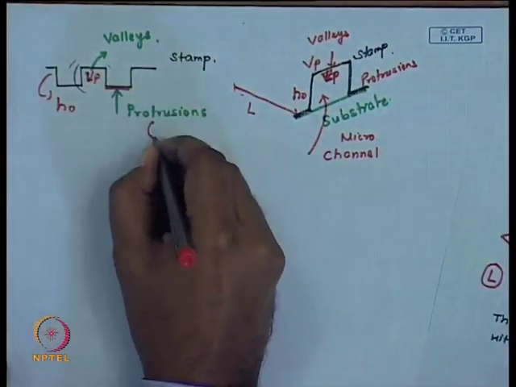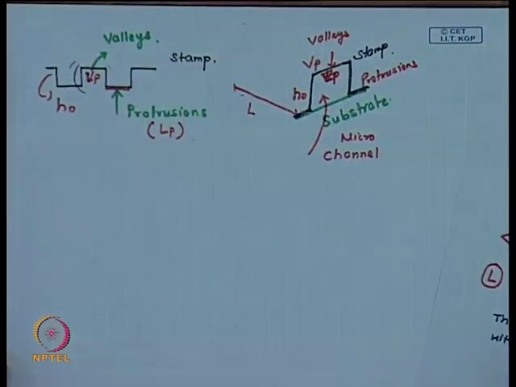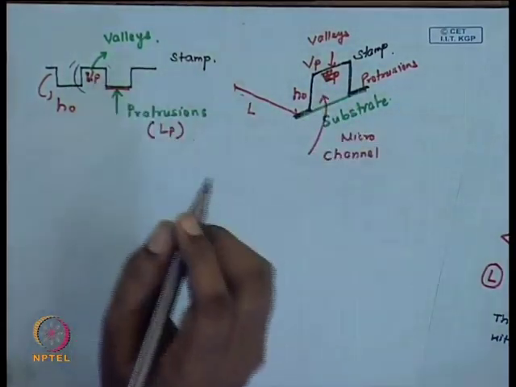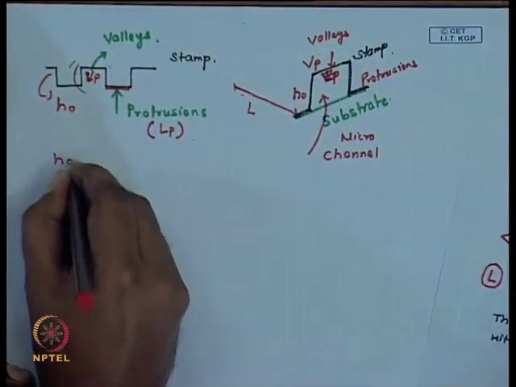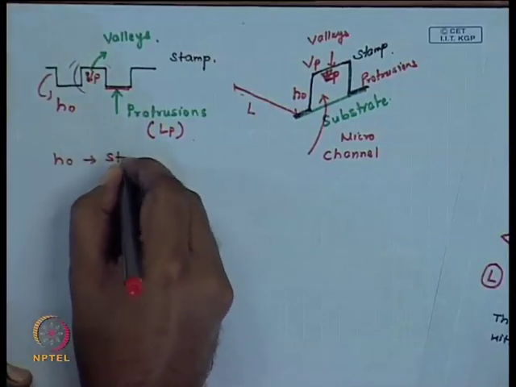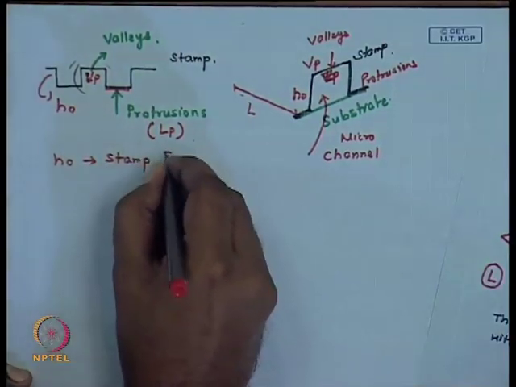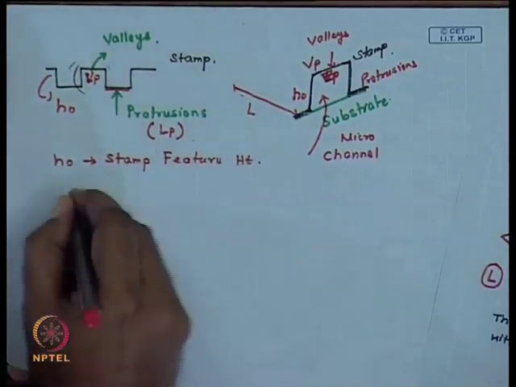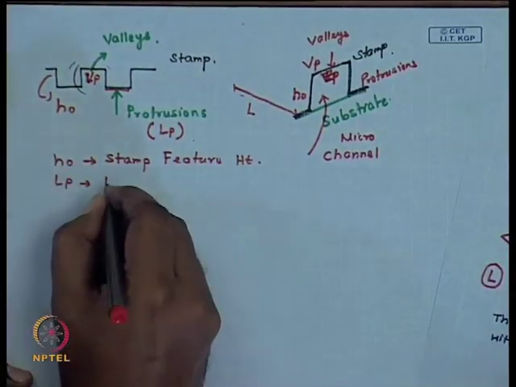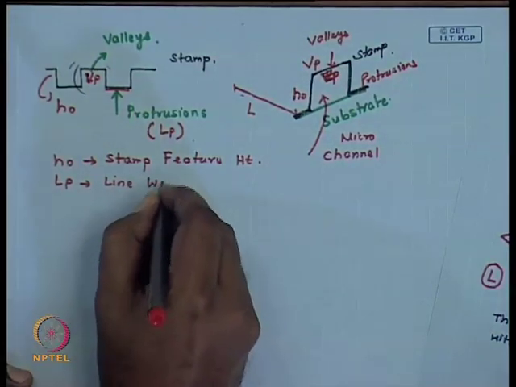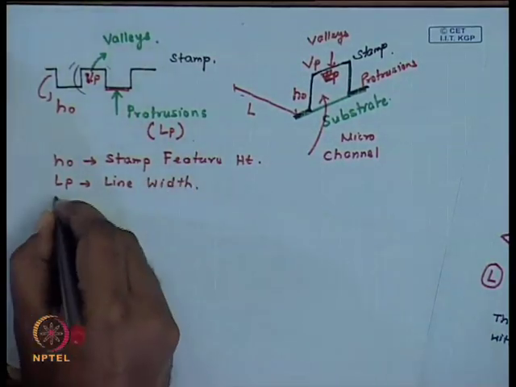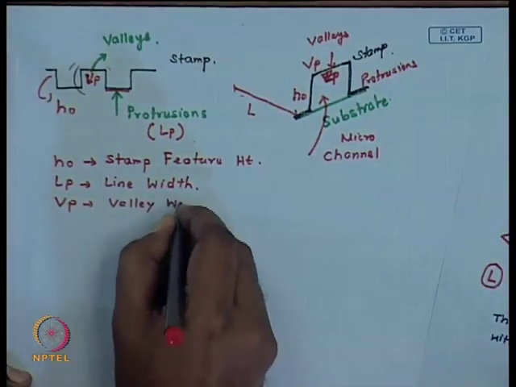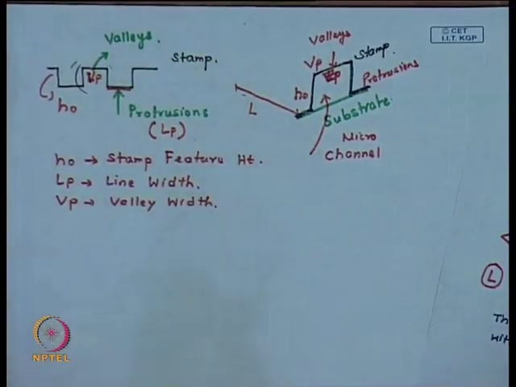LP, let us say, is the line width or the width of the protrusions, VP is the valley width. So, here are the parameters H0, valley width.